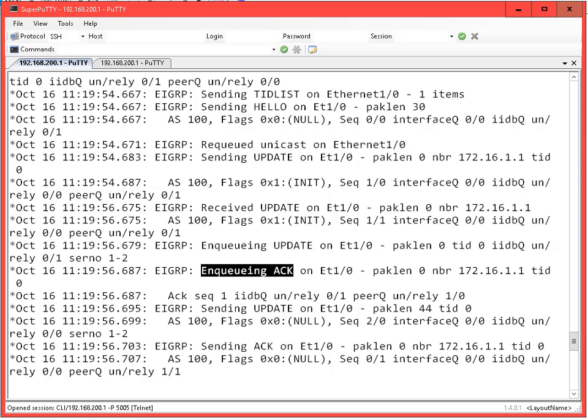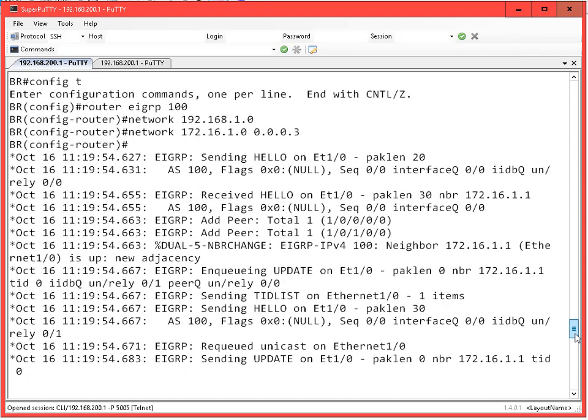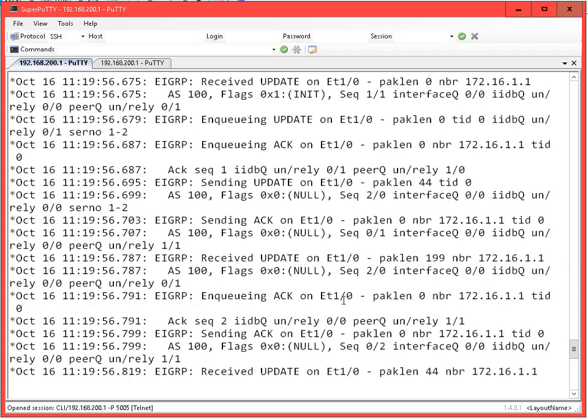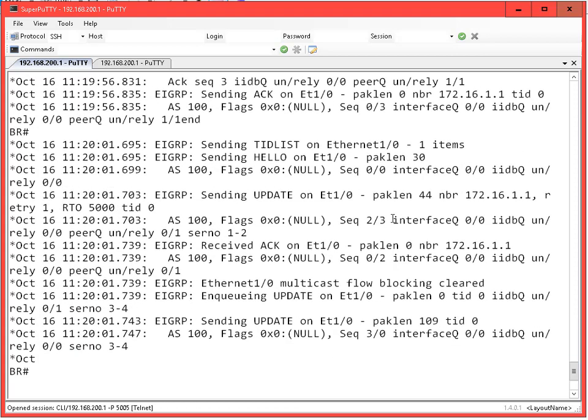So we see here, for example, in the beginning of the process, we have a sequence number of 0, sequence 0, 0, and then towards the end of the process, the sequence numbers increment. So we've got sequence number 2 here, sequence 1 here, sequence 2 here, sequence 2, and so on. So you can relate the packets to each other based on the sequence numbers. So here's sequence number 3, which is related to this sequence number here, and so on.